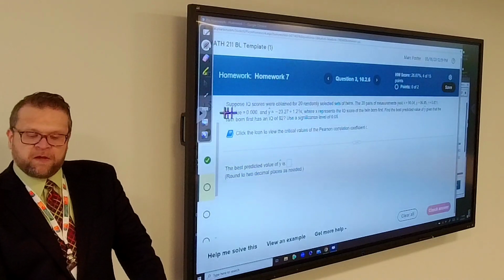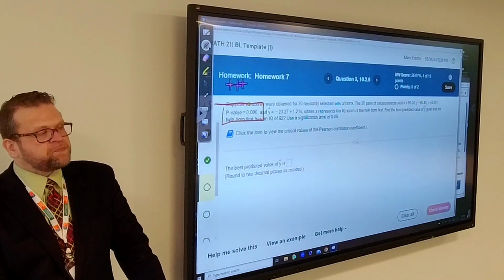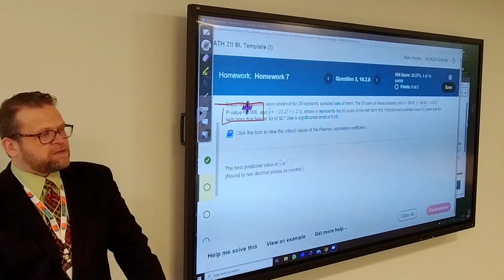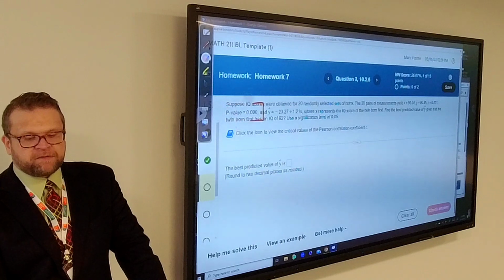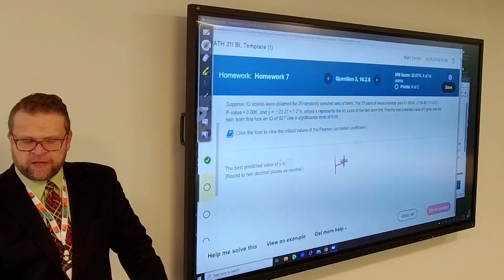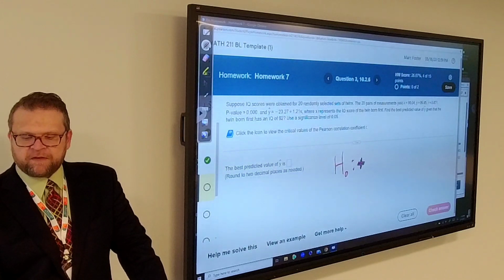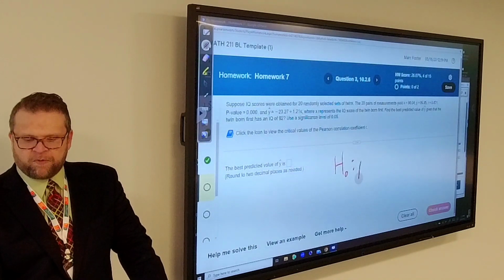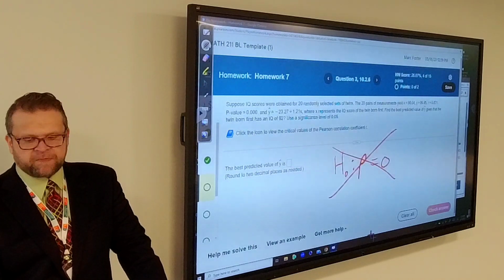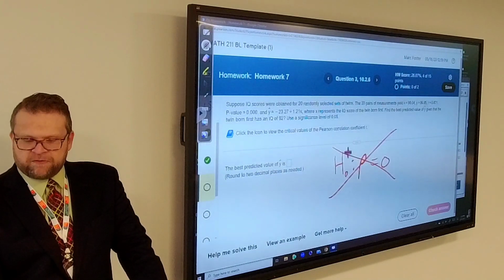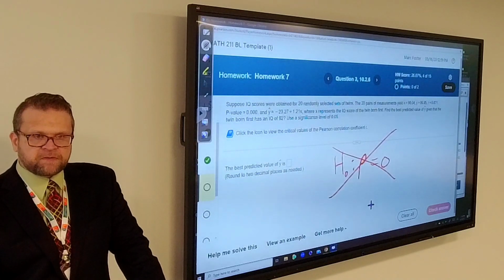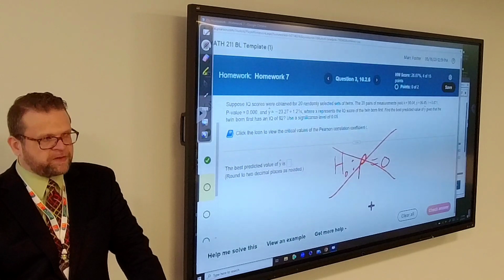In fact, looking at this p-value, it says that there's a 0% chance that I'd be wrong if I reject the null hypothesis. Well, what is the null hypothesis? It's that rho is 0, and I don't want that, I'm rejecting it. That means that I think there is some correlation in the population of twins.